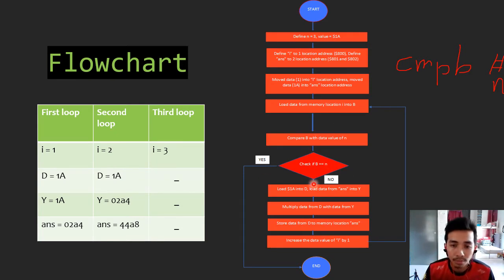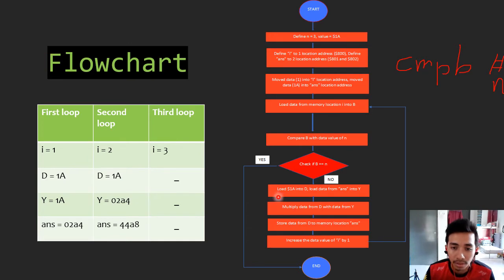So for the first loop, we declare I as 1, so I will be put into B, and then it will be compared with N. For the first loop, it will be no, because I is 1 and N is 3, so it will calculate the multiplication.